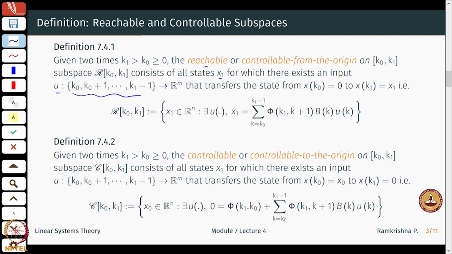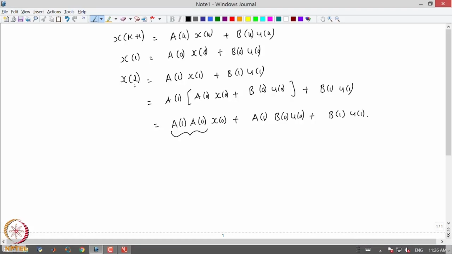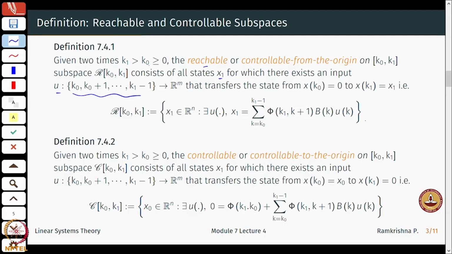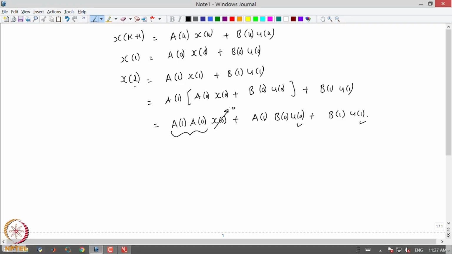The reason we need this input sequence is that to define x at 2, I need u naught and I also need u1. So I need this input sequence that transfers the state from xk0, the origin, to some state xk1. That is the set of all possible x1s for which there exists a control which can solve this equation. This is just by substituting x naught equal to 0 in this expression.